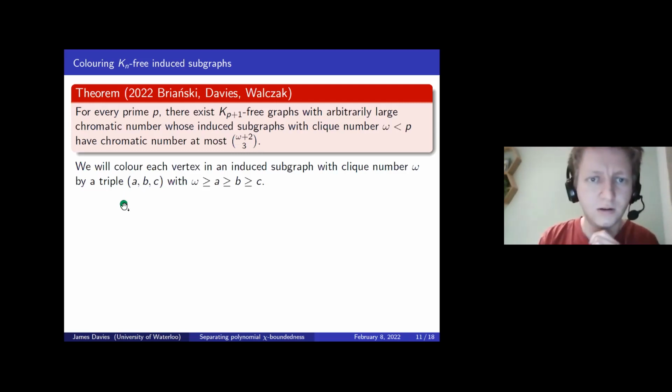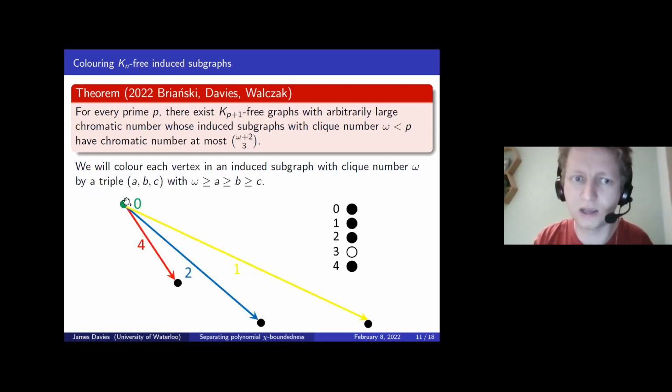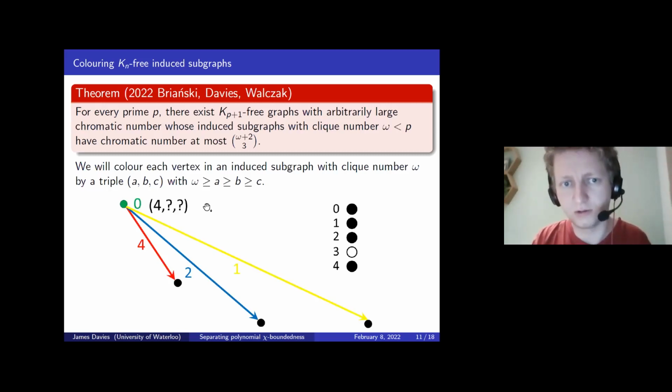So for A, we start off by looking at a vertex, and we want to look at the largest clique, which has this as a tail. So it could look like this again, say. And in this case, our largest clique is a 4 clique. So we're going to make A equal to 4 for this vertex.